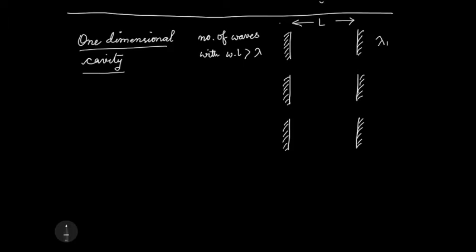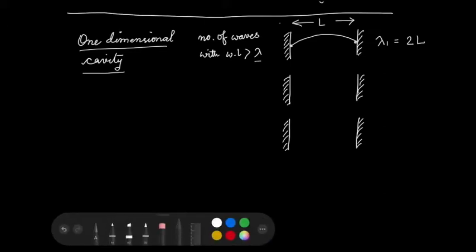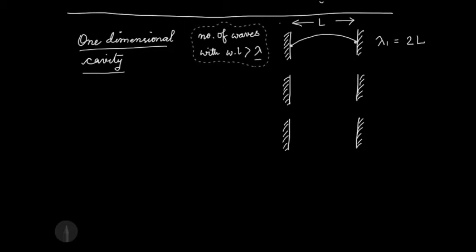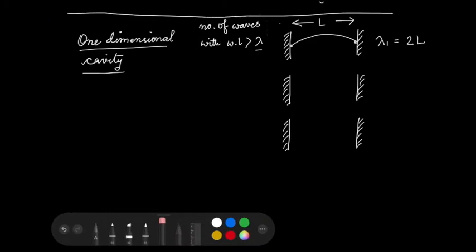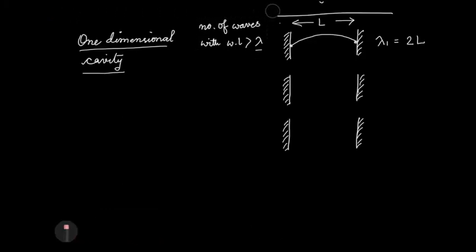The largest wave that we can have here, which I am calling lambda 1, can have just half an oscillation within this cavity. So lambda 1 is given by 2 times L, because this is half of the wave, and the other half would give you the total lambda. So here the number of waves greater than lambda 1 is equal to 1.